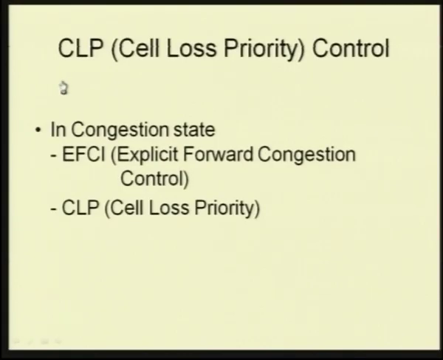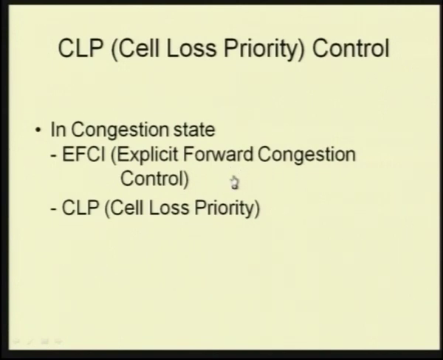So, this is normally handled with the help of cell loss priority control again. If you look at the cell loss priority control, in the congestion state, we have a bit called explicit forward congestion control, or EFCI as it is referred to. That is, when I am in congestion, I set this bit on all the cells that are sent through me.